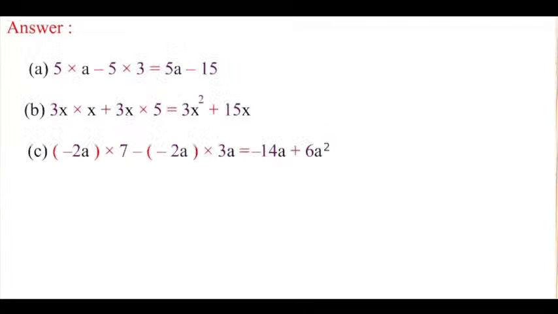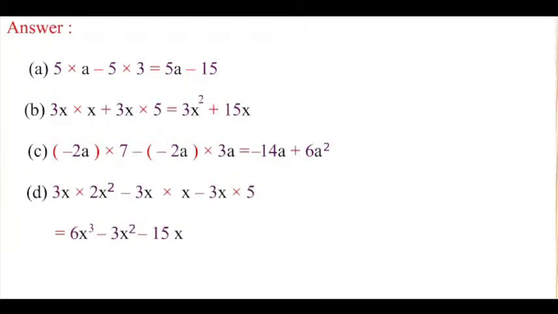D, negative 14a plus 6a squared. D, 3x times 2x squared minus 3x times x minus 3x times 5 equals 6x to the power 3 minus 3x squared minus 15x.